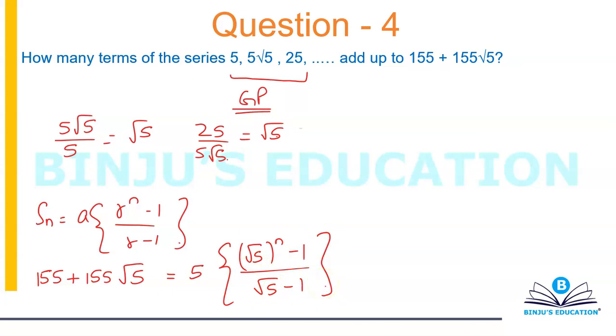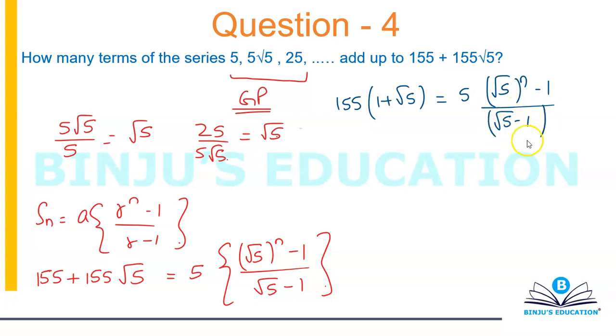Now I just need to know how to solve this properly. So I'm going to take 155 common on the left hand side. So this will become 155 into 1 plus root 5, equal to 5 into root 5 to the power n minus 1 divided by root 5 minus 1.